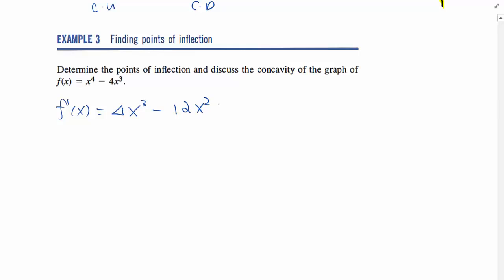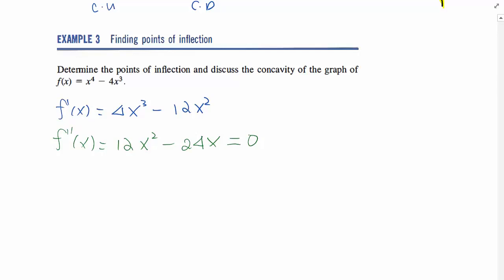Okay, now with one more time, f double prime of x will be 12x squared minus 24x here. Okay, so an inflection point exists when f double prime equals 0, or undefined, like the first derivative here. So we make it equal to 0.